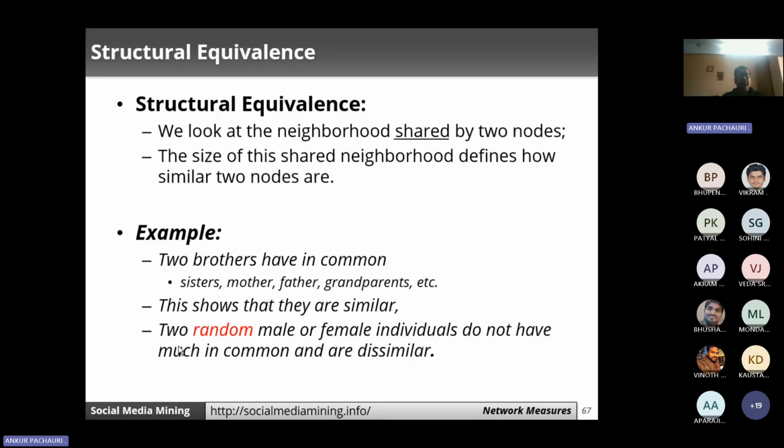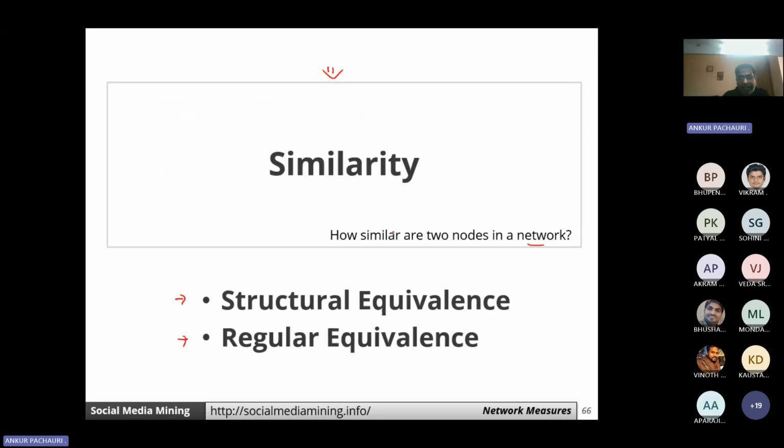Let us first of all talk about the structural. Now again, this similarity will somehow be based on the connectivity. We have to come up with a numerical value associated with each node of a graph.